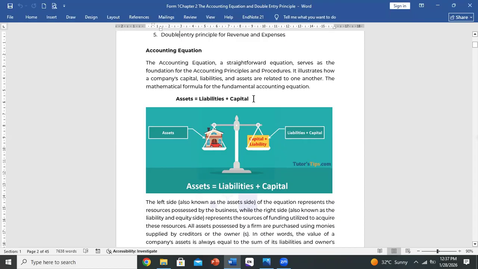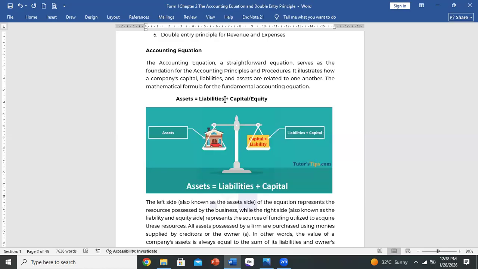So those are the resources that the owners of the business contributed. Then all other resources that are coming from people who are not the owners, that is the liabilities. And so that's how we have the accounting equation as assets equals capital plus liabilities.